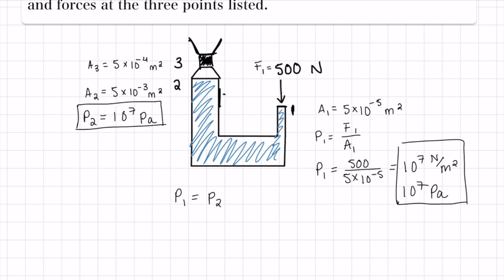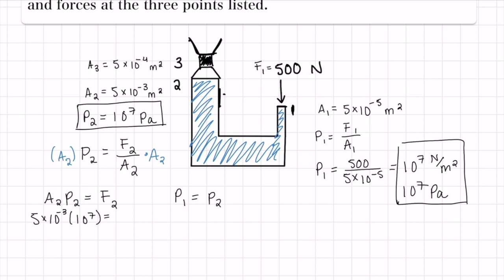And we can get force 2 from P2 equals F2 over A2. And we multiply up the A2 to get the force by itself. So area 2 times pressure 2 equals force 2. And our area is 5 times 10 to the minus 3 times 10 to the 7 will give us our force 2 being 5 times 10 to the 4th.